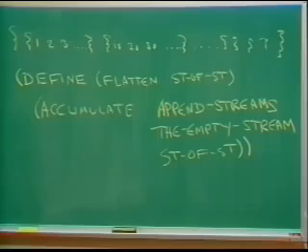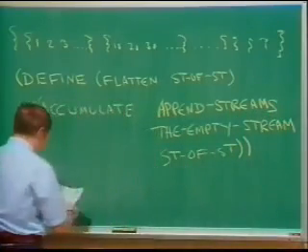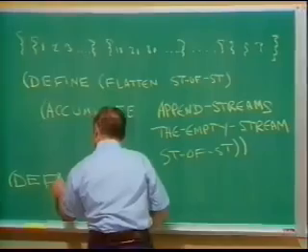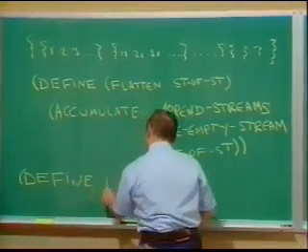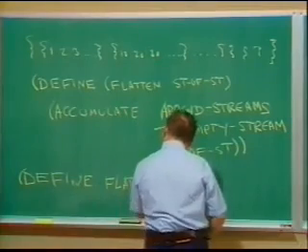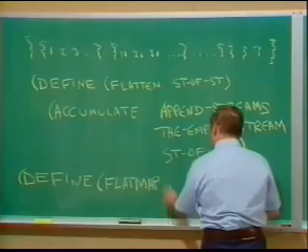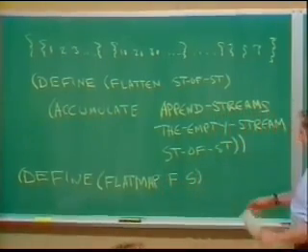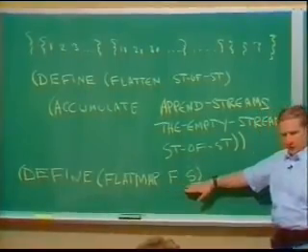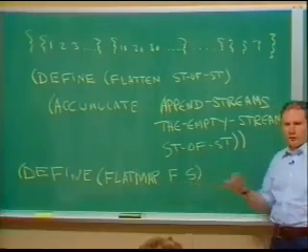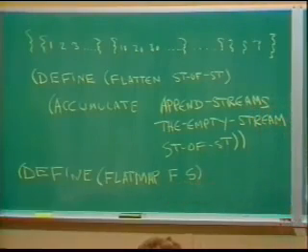In fact, there's another useful thing that I want to do. I want to define a procedure called flat map. Flat map of some function f and a stream. F is going to be a function that for each element in the stream produces another stream.